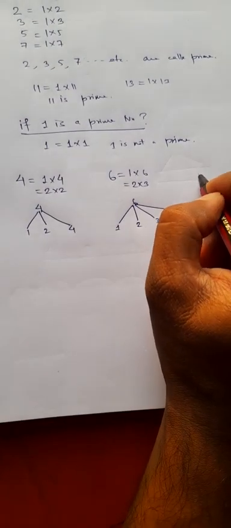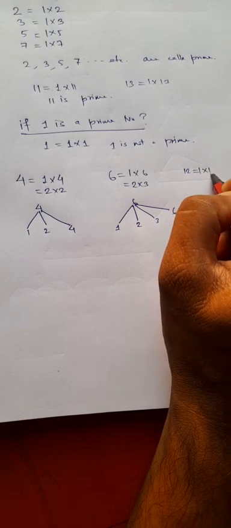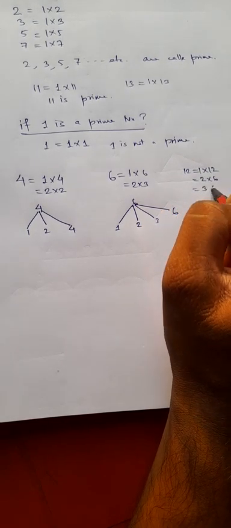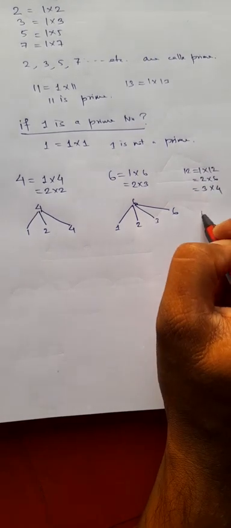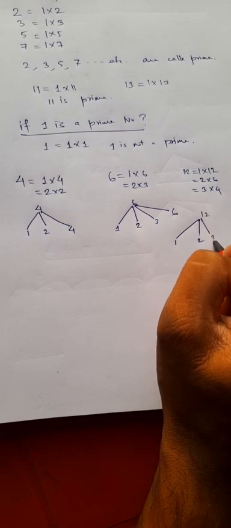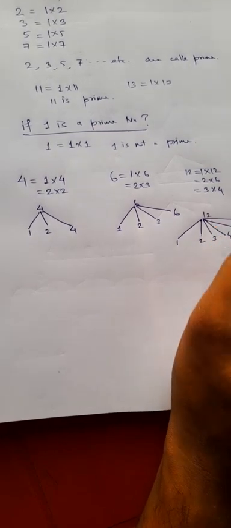Then factors of 12: 12 equals 1 multiplied by 12, 2 multiplied by 6, 3 multiplied by 4. So factors of 12 are 1, 2, 3, 4, 6 and 12.